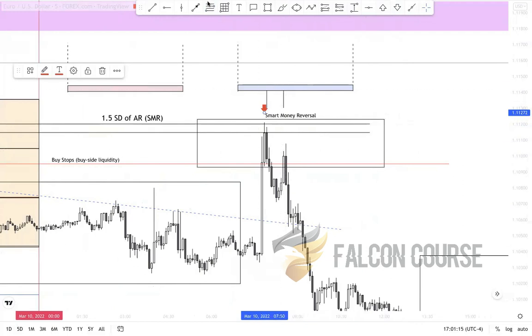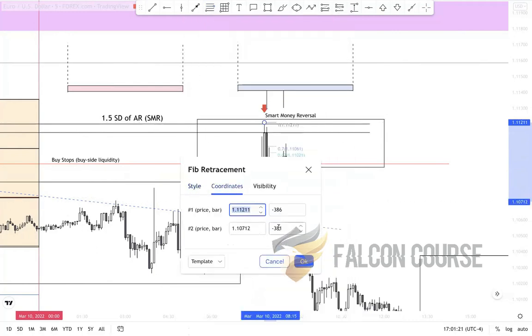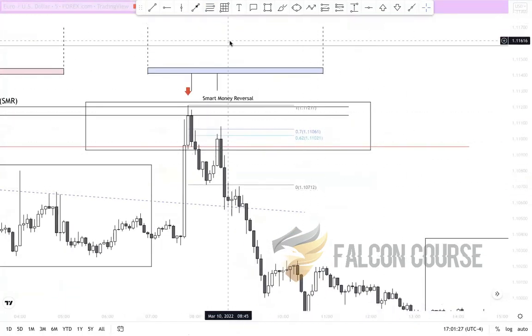So 8:30 is right at optimal trade entry. So it just cannot be missed like that. So this is the actual execution of the no break of structure entry.